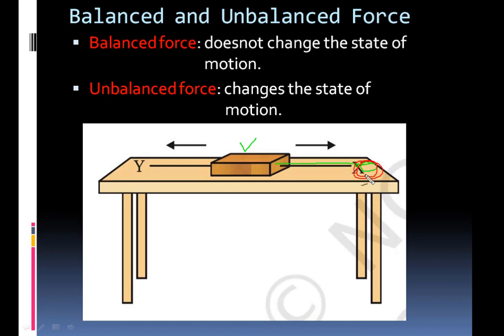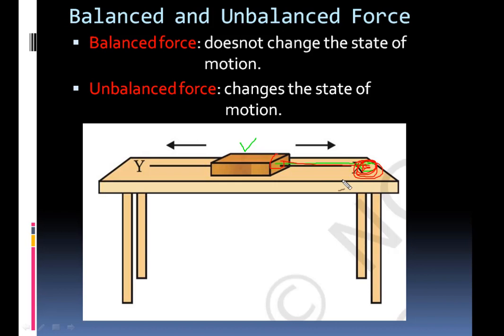This is a mouse. I am going to take a rope and tie this rope to this book and the mouse. Now this mouse is trying to move here and there. It is trying to move away from this table. Now, will the mouse be able to pull the book? No, it is not going to be able to.